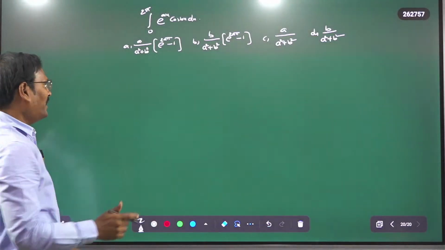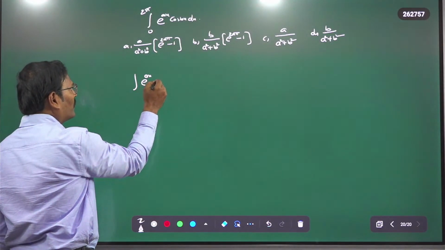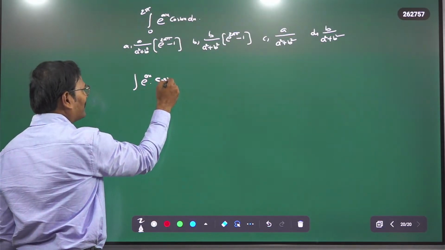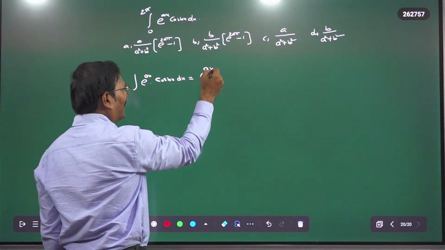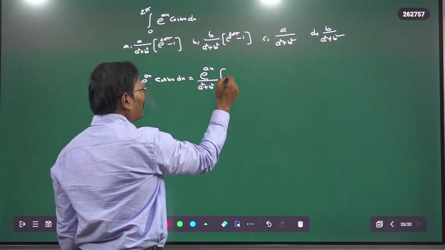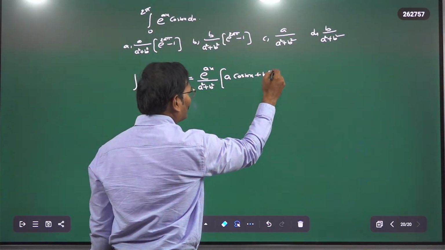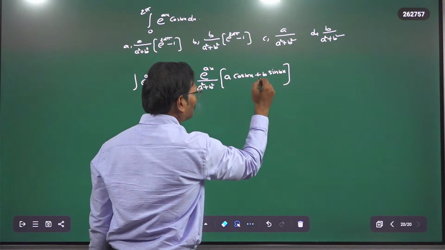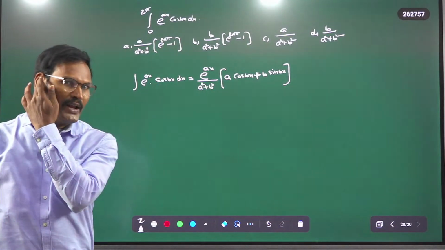So already in indefinite integration we did this formula: integral e power ax cos bx dx is equal to e power ax by a square plus b square into a cos bx plus b sin bx. We already proved this in indefinite integration.